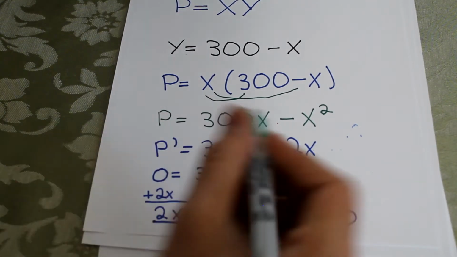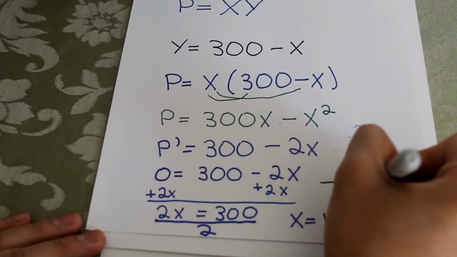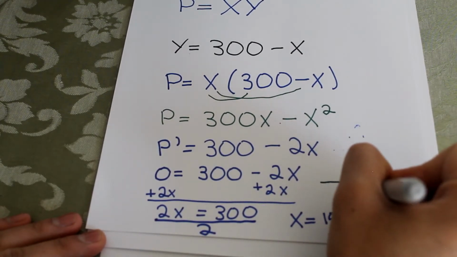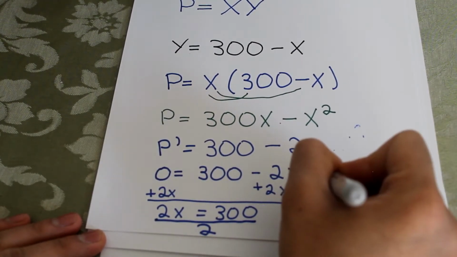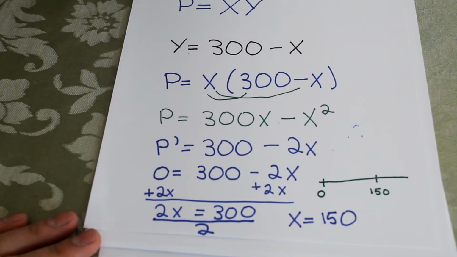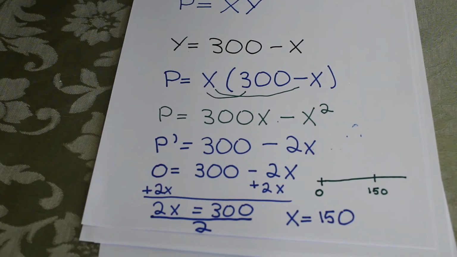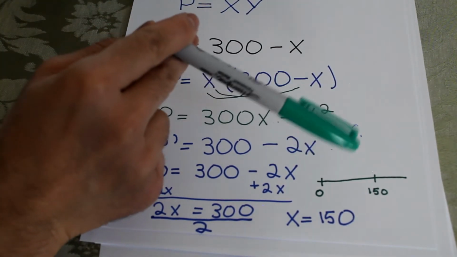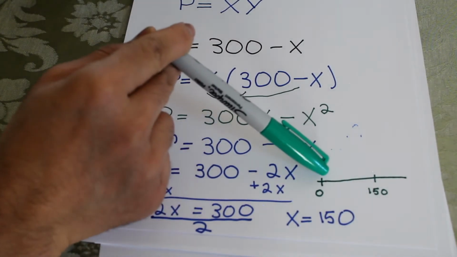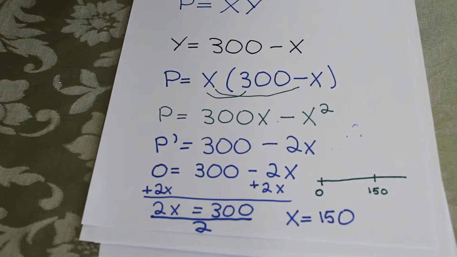So what we do is draw something like a number line with 150 over here, and we know the numbers are positive, so it has to be greater than 0. To find out if the slope, or p prime, is positive on the interval 0 to 150, we have to take a number that's in the interval.